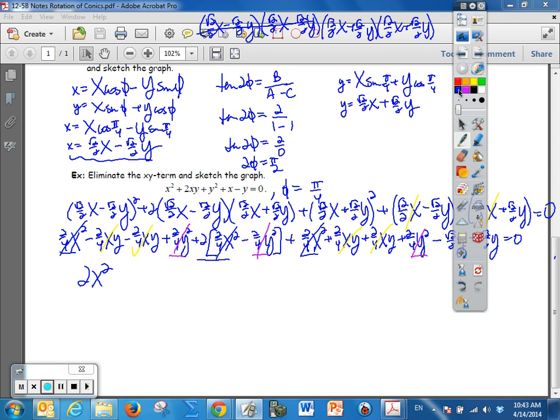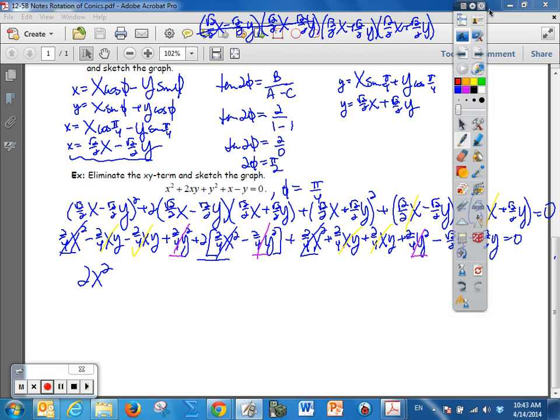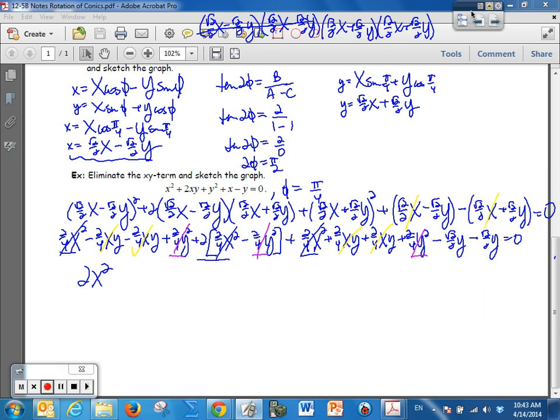Alright. What do we have left? We took care of all of that. Looks like we just have these guys left. If I add these together, I get minus 2 root 2 over 2, which is just root 2. So minus root 2y equals 0.